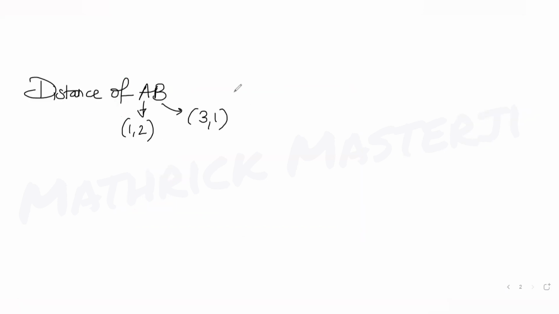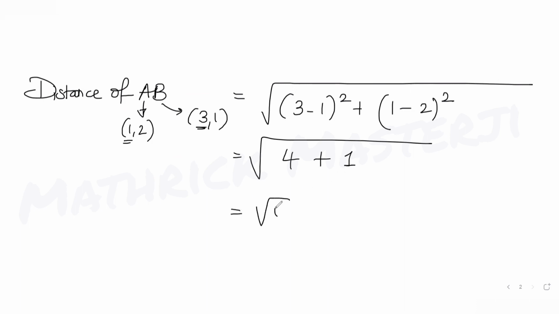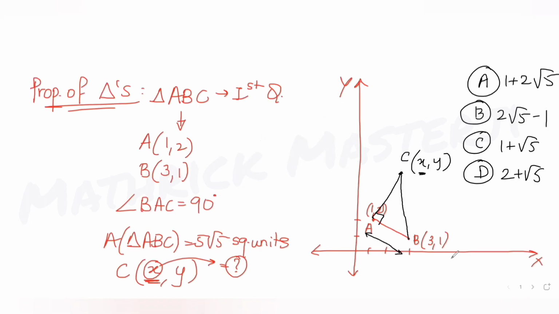If I apply the distance formula, root of (x2 minus x1) the whole square, so (3 minus 1) the whole square, plus (y2 minus y1) the whole square, so (1 minus 2) the whole square. That gives you root of 2 square, which is 4, plus (minus 1) the whole square, which is 1. So you get the base turning out to be root 5. The base of the triangle is of the measure root 5.